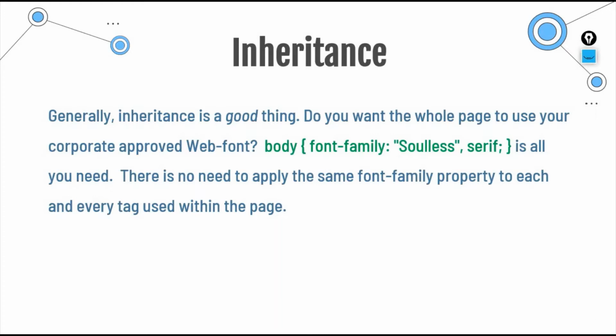However, sometimes inheritance can be a bad thing. An element may suddenly display in a way that you weren't expecting, and you can't find any relevant CSS rule for that element. In this case, one likely culprit is a CSS rule that has been inherited from a parent.